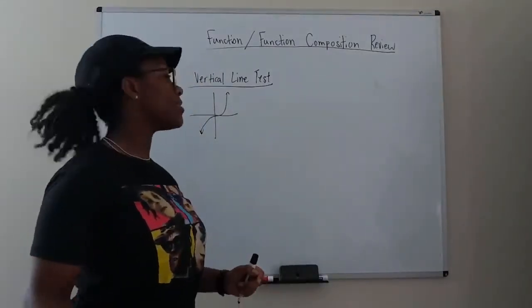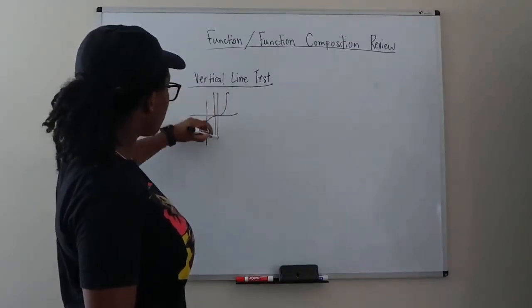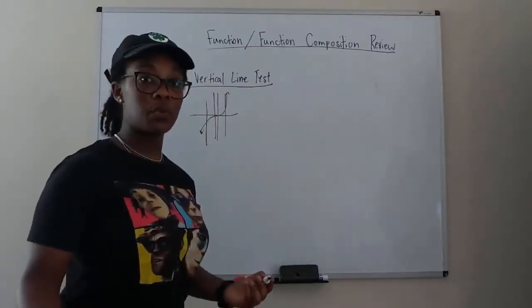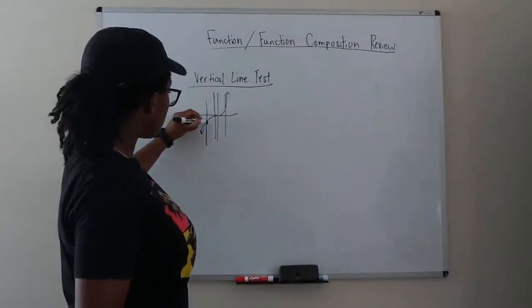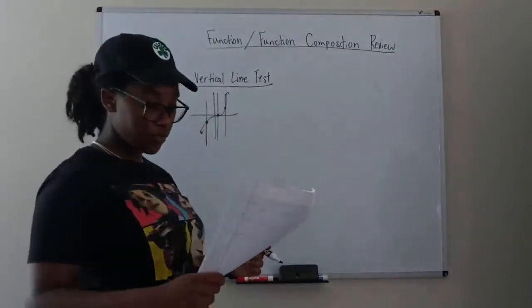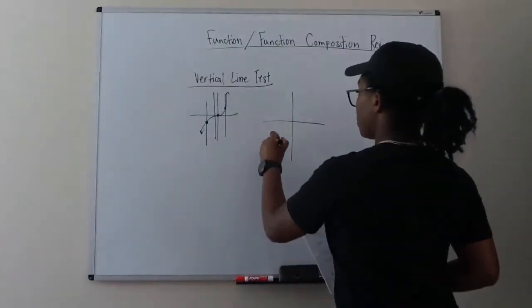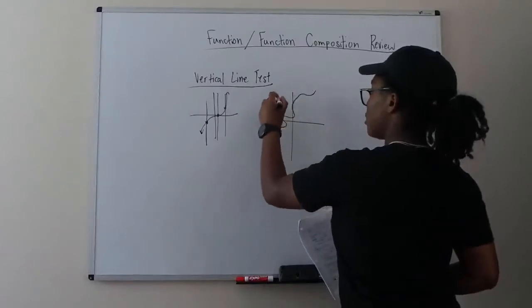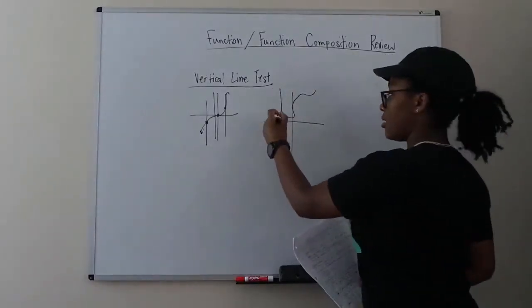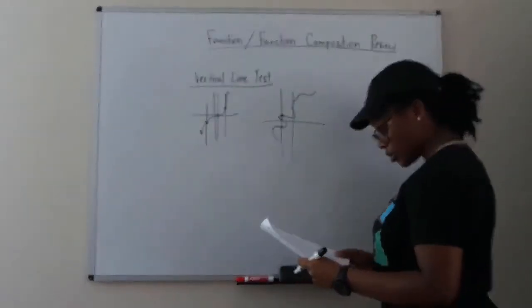What the vertical line test does is, if you draw a line through any point in the function, it should only hit the function once. And you can see in this function, when the vertical line gets drawn, it hits it once. Perfect. It's a function. I'm going to draw a counter example or a non-example. Let's say I had something like this. Well, if I draw a vertical line, it hits it in 3 places. So that's definitely not a function.